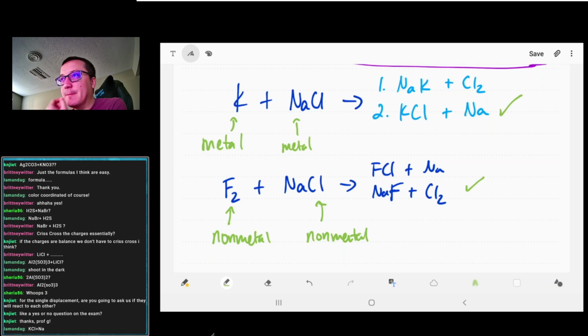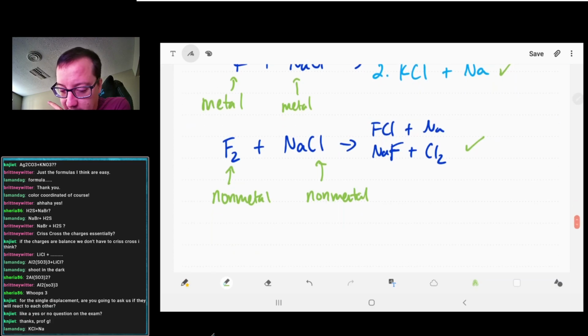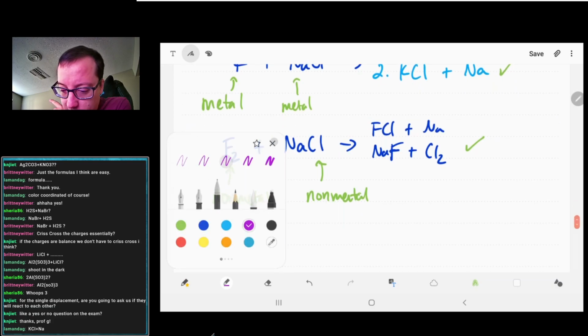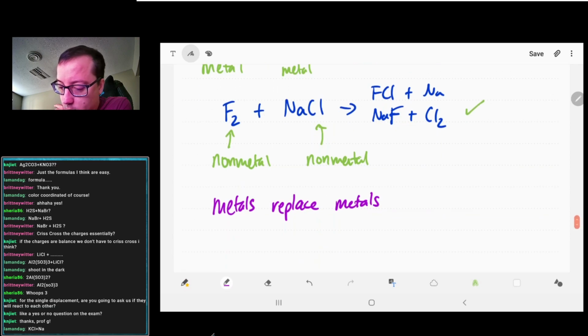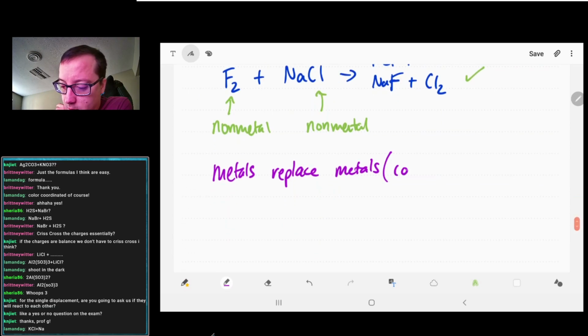So let me just write that down, and then we'll end for the day. Or, yeah, that's just fine. And then non-metals replace non-metals.